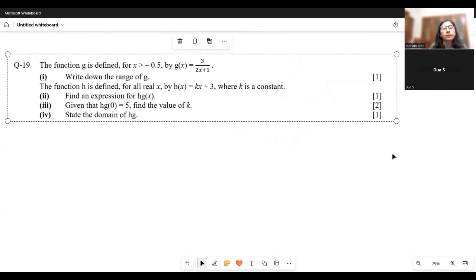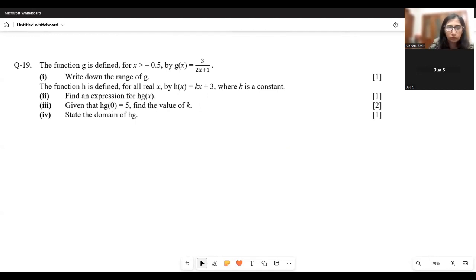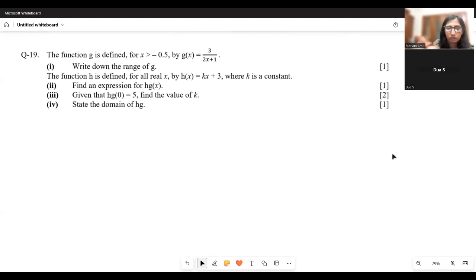Function g is defined for x greater than -0.5 by gx equals 3 over 2x plus 1. Write down the range of g. So range of g, the domain is x greater than -0.5. Let's just substitute the extreme value first.